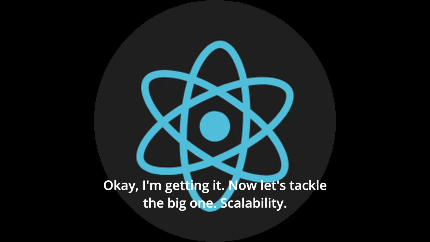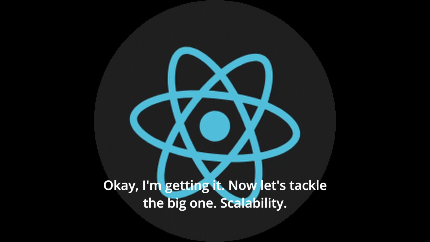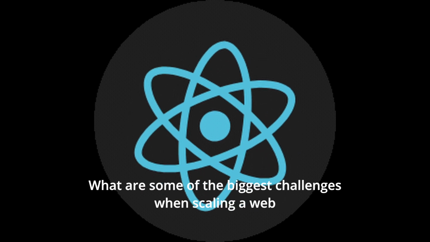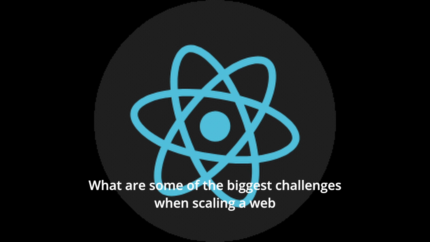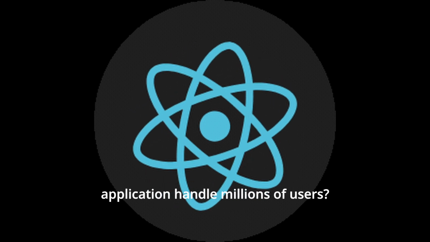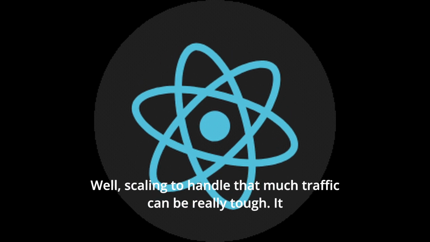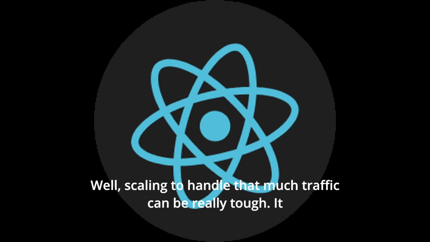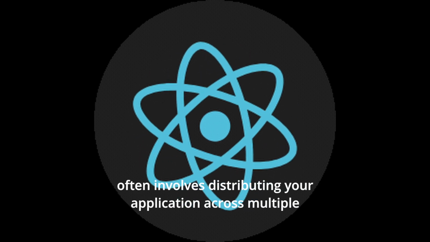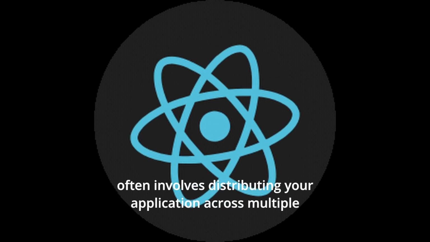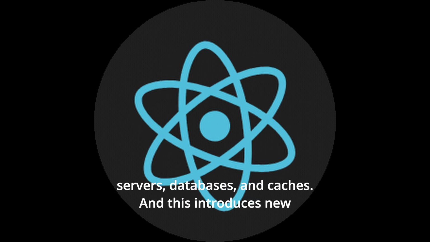Good. Now let's tackle the big one. Scalability. What are some of the biggest challenges when scaling a web application to handle millions of users? Well, scaling to handle that much traffic can be really tough. It often involves distributing your application across multiple servers, databases, and caches.